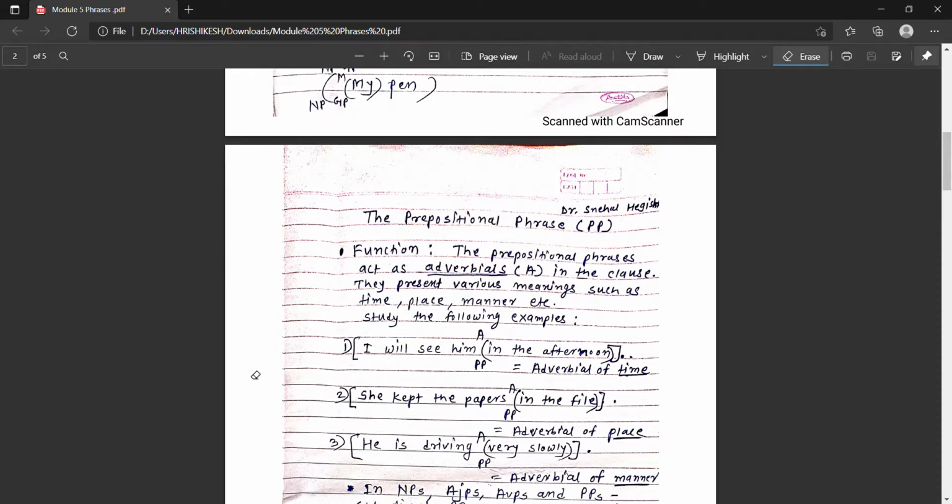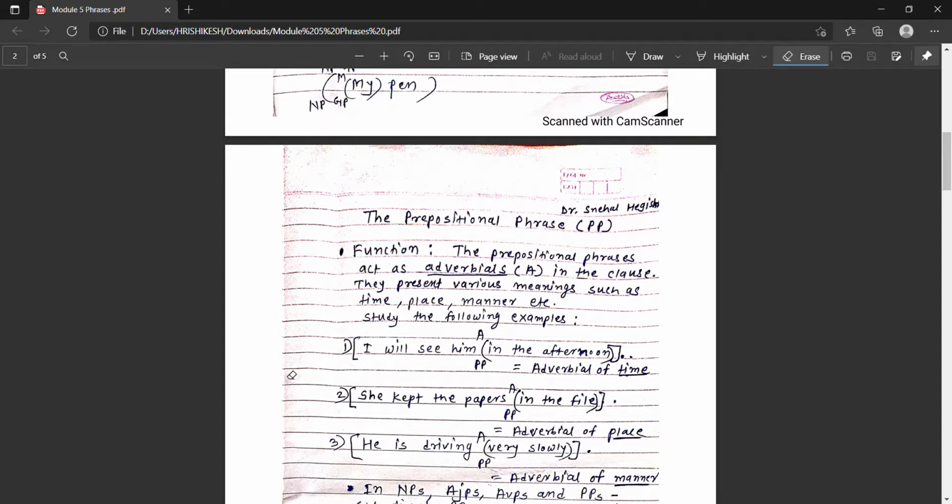Prepositional phrases begin with a preposition. In. What is the grammatical class of in? In is here a preposition. So keep in mind: preposition plus NP is equal to prepositional phrase. It is very easy to identify prepositional phrases because they begin with a preposition.